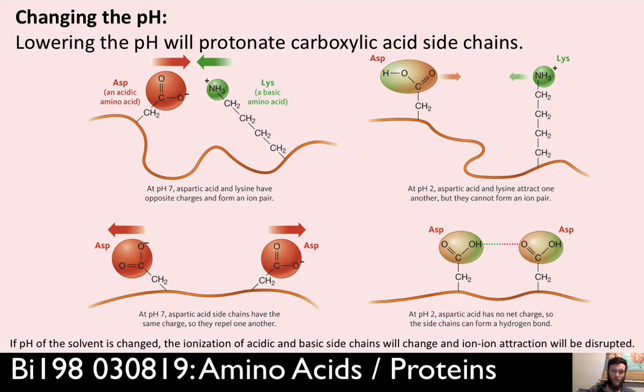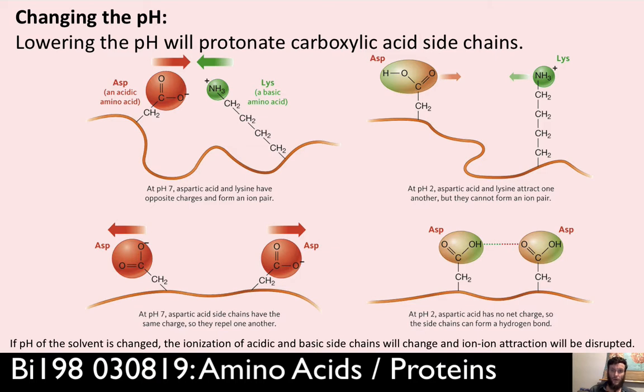So normally at neutral pH, or 7, for example, you have some protein in its native state where you have an aspartic acid that's attracted to a lysine, a basic amino acid, and the opposite charges of those two amino acids make those two side chains attracted to one another, stabilizing the three-dimensional structure.